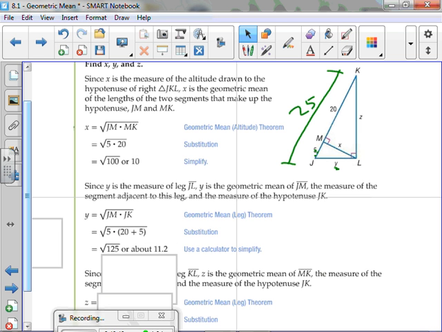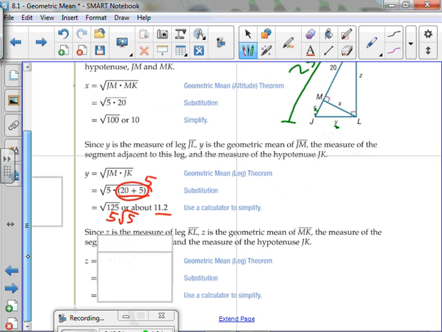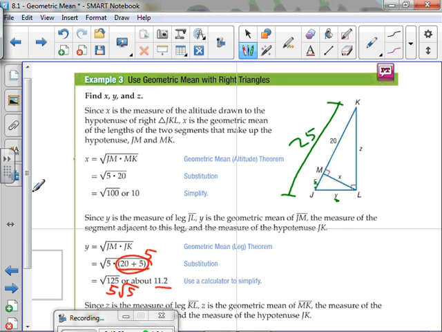So this should be the square root of 100 times the square root of 5, so that's 10 square root of 5, or 22.4, which is between 20 and 25. The square root of 5 is 2.24, and then we multiply. We have to have these memorized.